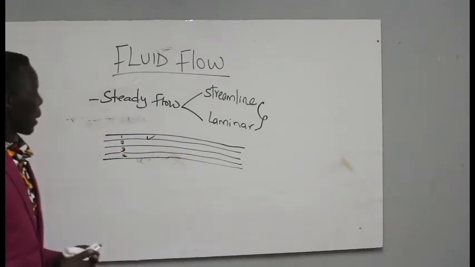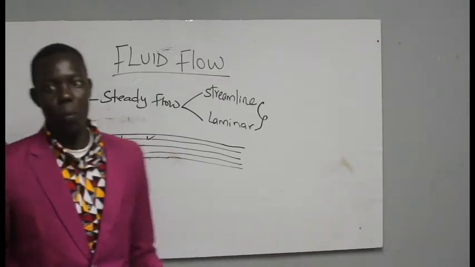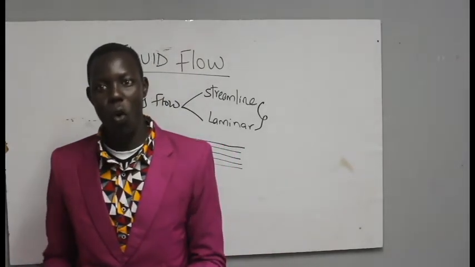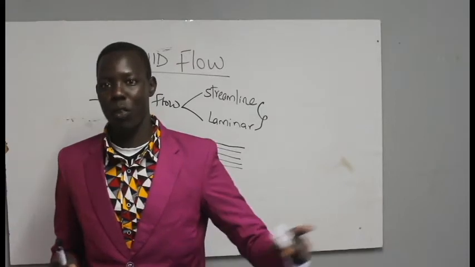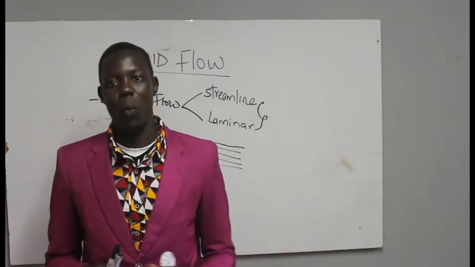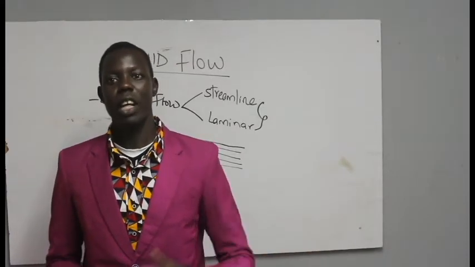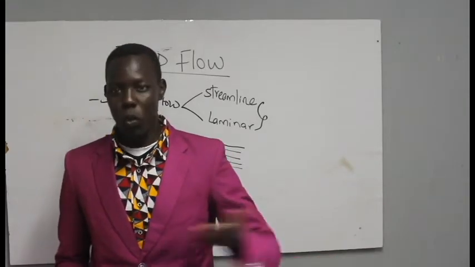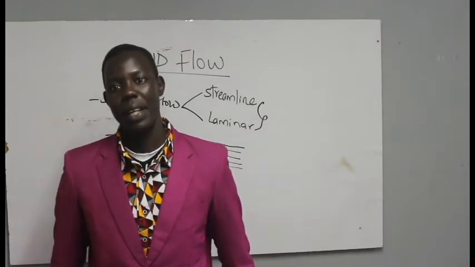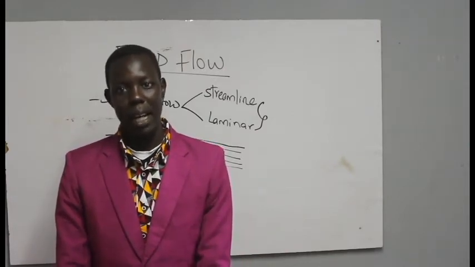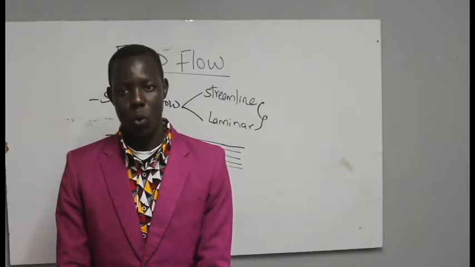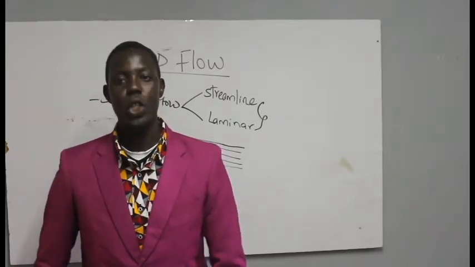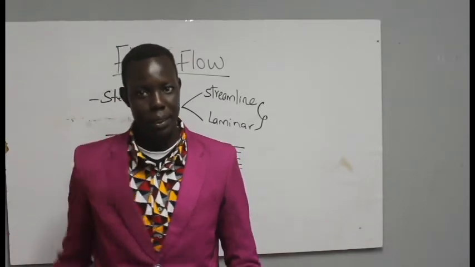So another thing that we need to know is that either the fluid is moving or there is a body moving in the fluid. Now, if a body that is moving in the fluid is streamlined, it is going to cause the fluid to move. For example, if you stand on a road and a very heavy vehicle like a bus or a lorry moves very fast close to you, you will feel that wind.